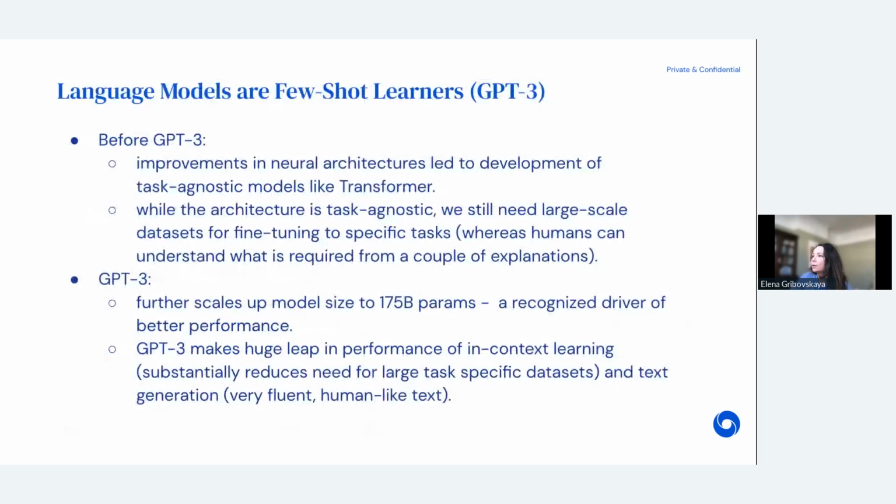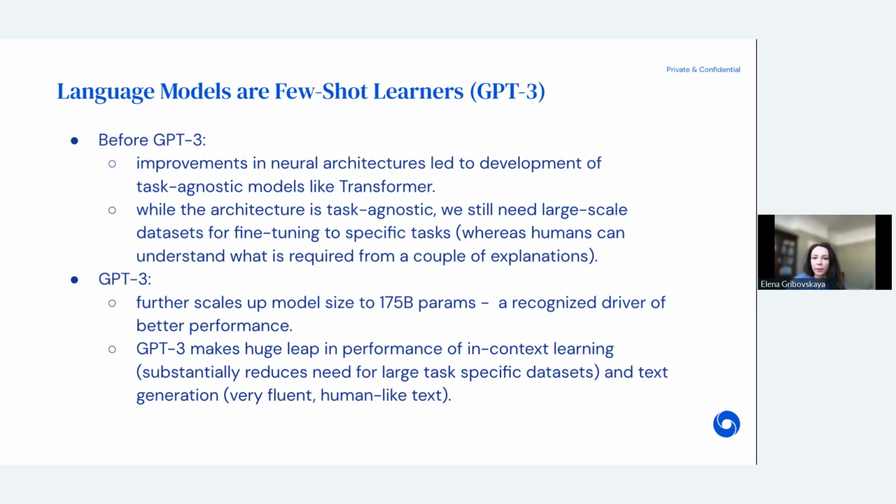So what was the state of NLP before GPT-3? The improvements in neural architecture led to development of task-agnostic models like transformer. However, while the architecture was task-agnostic, we still need large-scale data sets for fine-tuning to specific tasks.